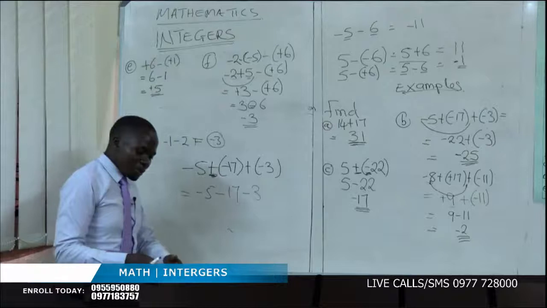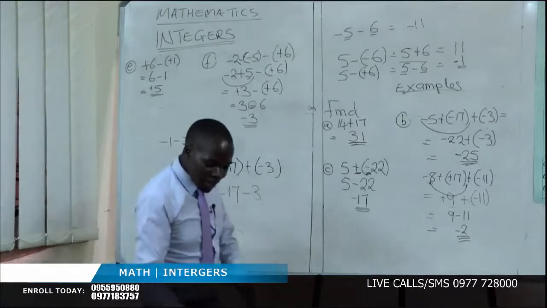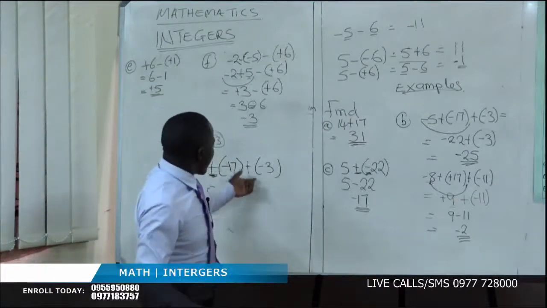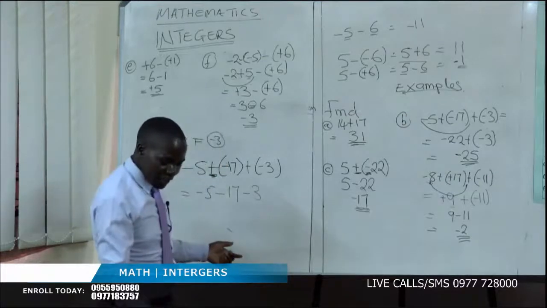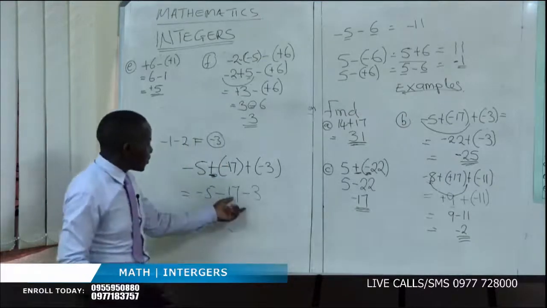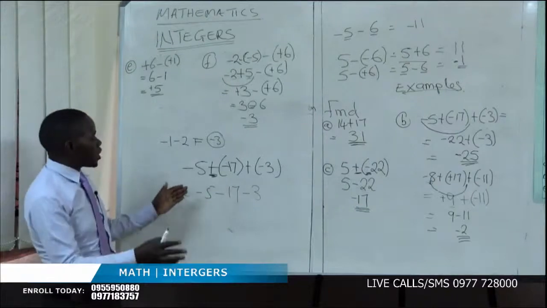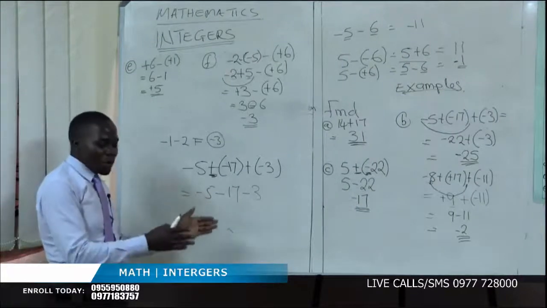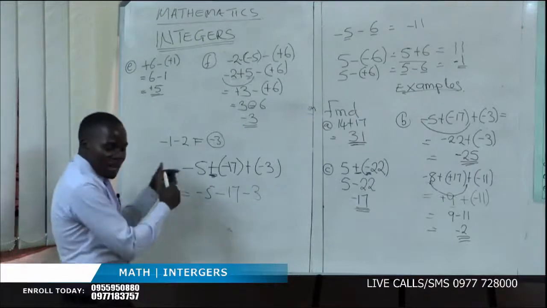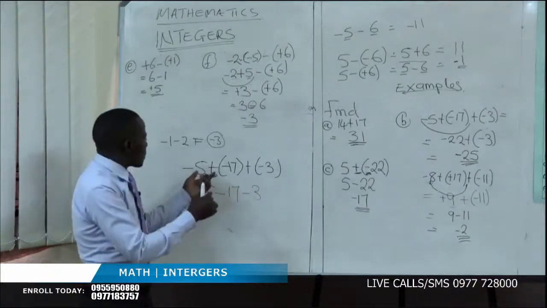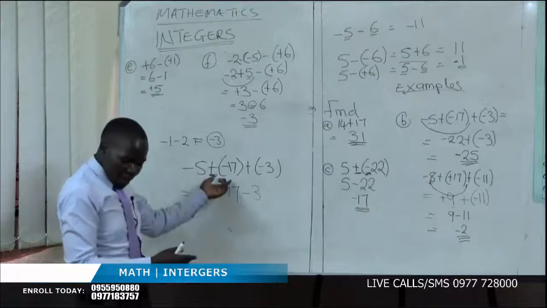Now, you said, why can't we use body mass? That was your question. When you look at the body mass, you are saying you have to start with the positive, then plus, thereafter you go to minus.